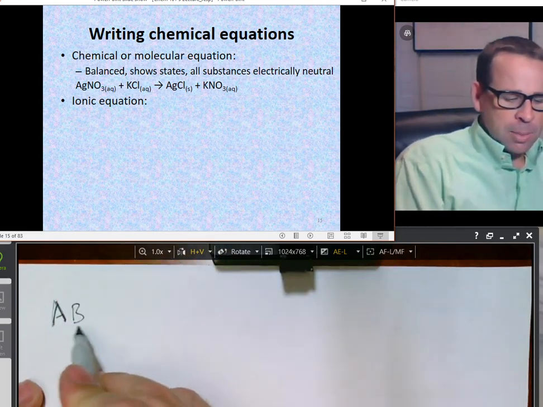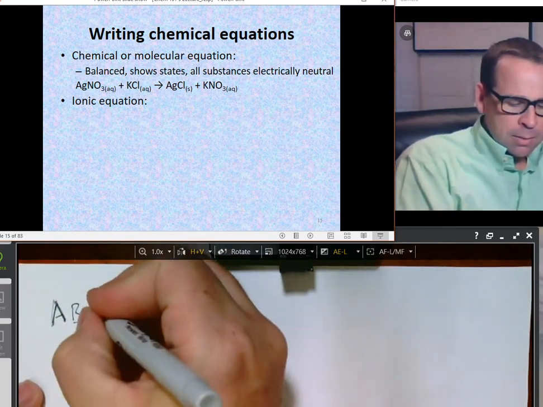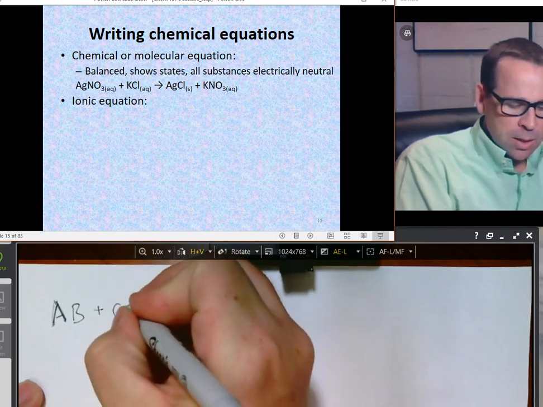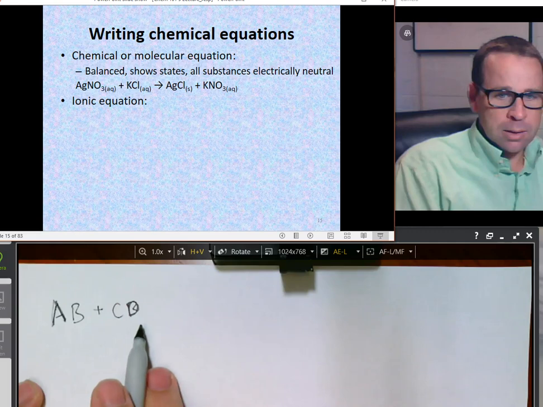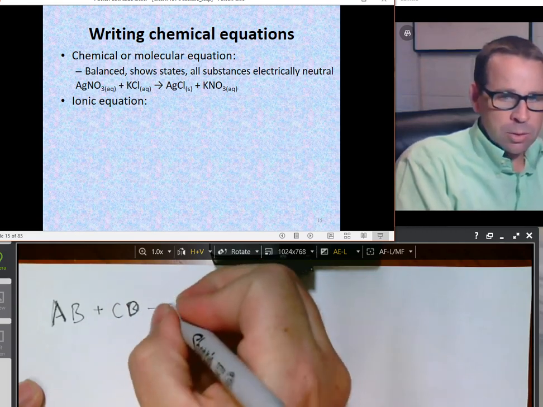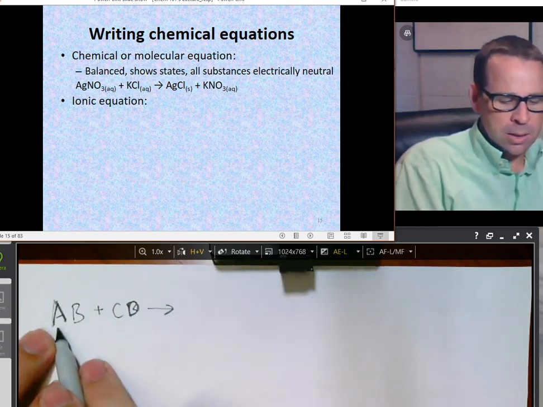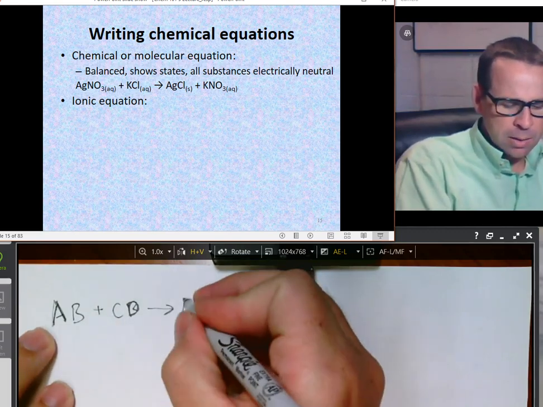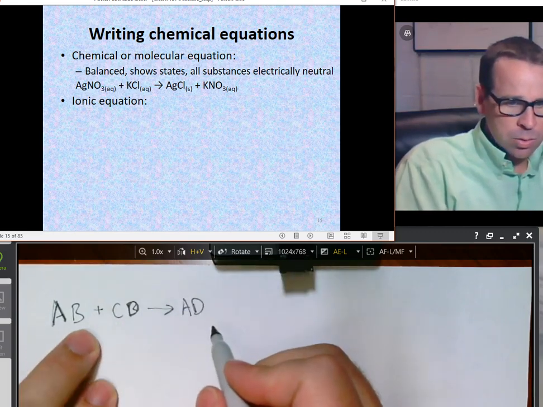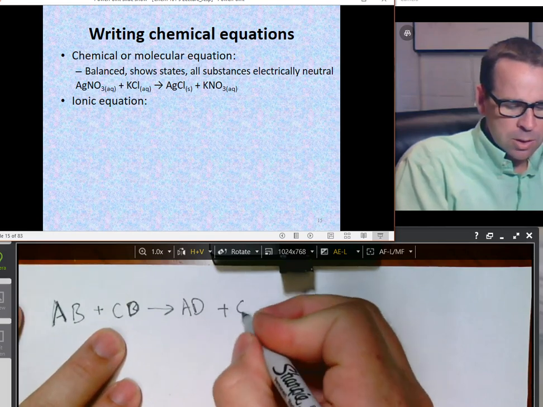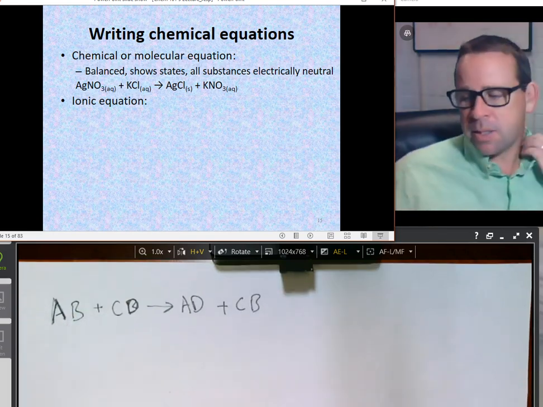So this ionic compound, AB, cation, anion, is combining with another ionic compound, CD, cation, anion. And the result is this A, cation, goes with D, anion. This cation goes with that anion, AD. And this cation, C, goes with B. So we have C going with B. Can you see that up here?